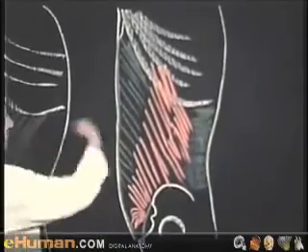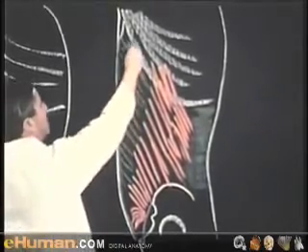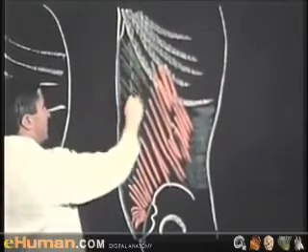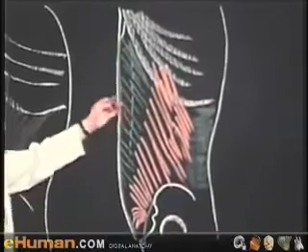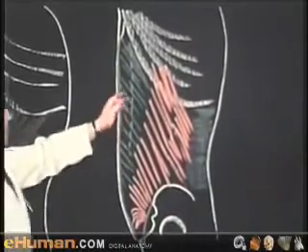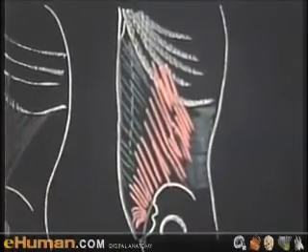The difference between these two muscles is that the aponeurosis of the internal oblique splits down a line which is lateral to the rectus abdominis. One part of the aponeurosis goes deep to the rectus abdominis, and another part goes superficially to help form the rectus sheath.